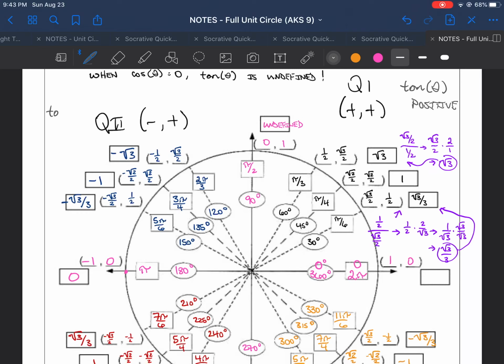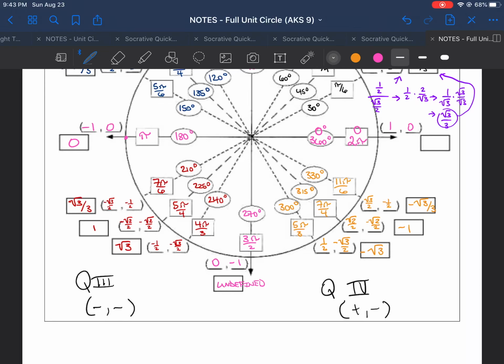So here in the second quadrant, tangent of theta is negative. In the third quadrant, since all the x values and all the y values are negative, negative divided by negative is going to give us all positive tangent values. So tangent of theta is positive. And then lastly, in the fourth quadrant, all positive x values, all negative y values, so all the tangent values are going to be negative.